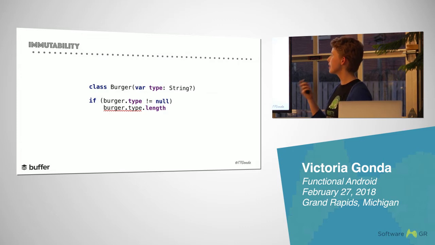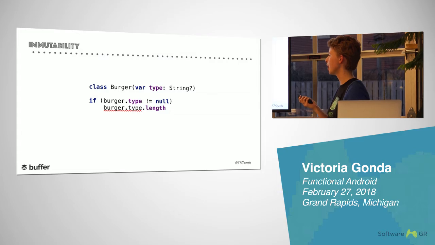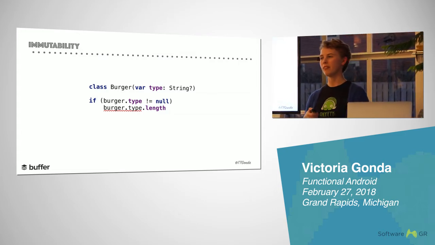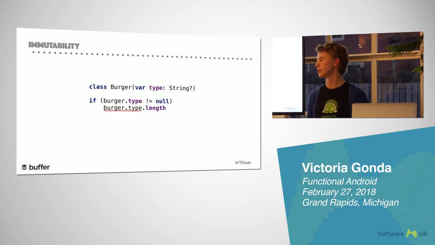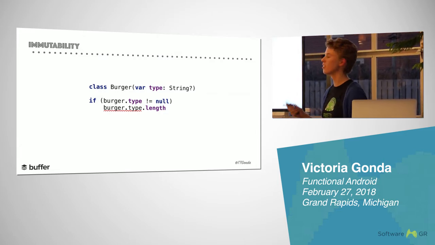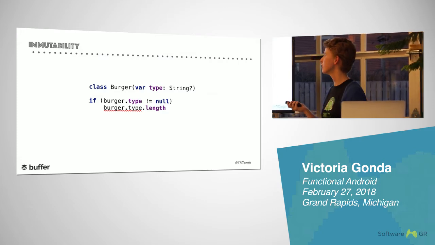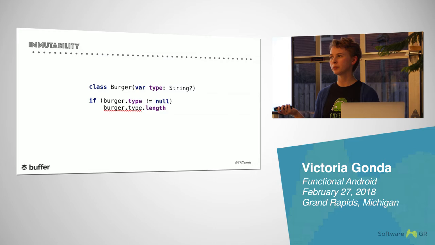So we have our class with a nullable, mutable type on our burger. We're checking if type is null, and then we're getting the length for it for some reason. I don't know, but we're getting the length. And we have a compiler error there because the type could be null.